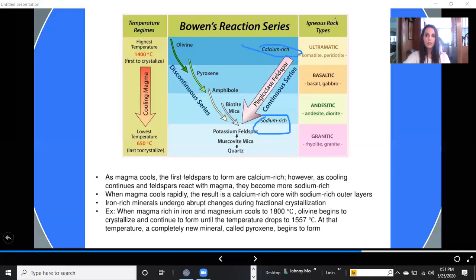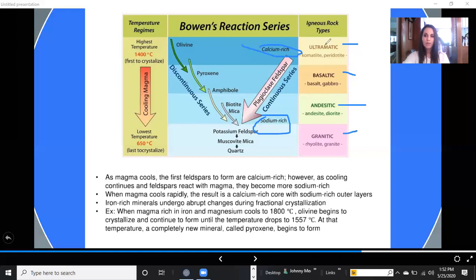You can see here the different types of igneous rocks that you see as you go further beneath Earth's crust. You start with ultramafic, actually, and they give you examples of komatiite and peridotite, then basaltic, basalt and gabbro, andesitic, andesite and diorite, and then granitic, rhyolite and granite.